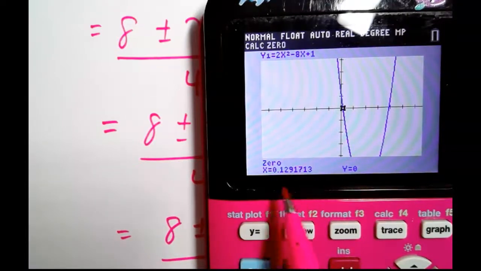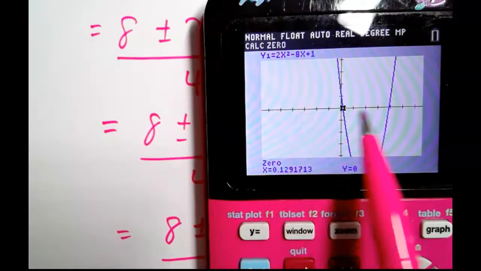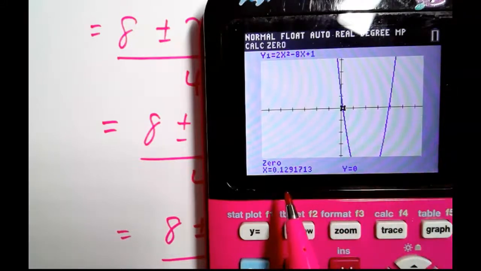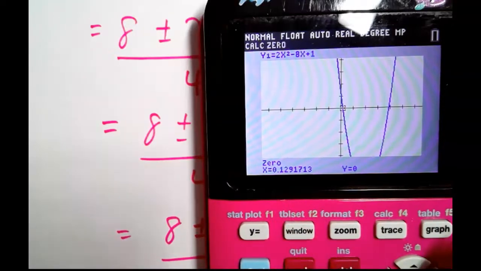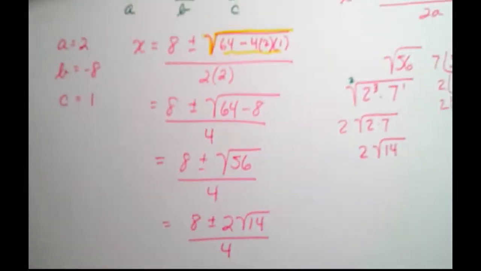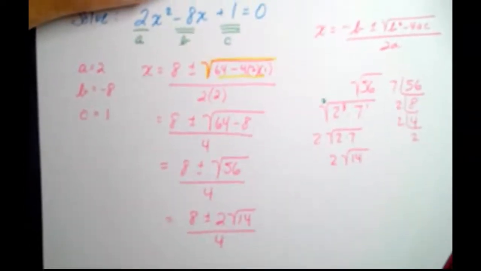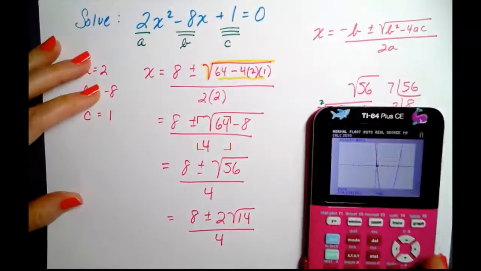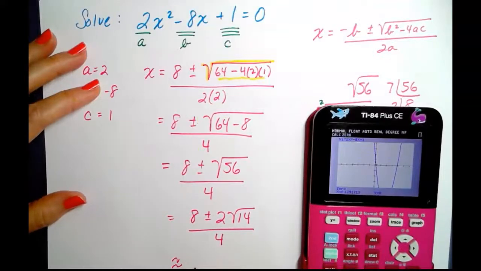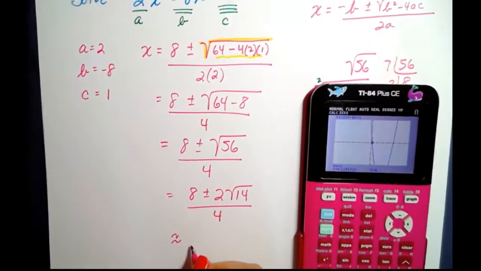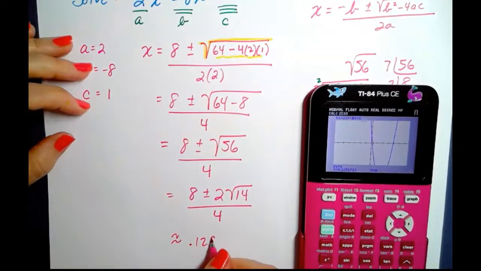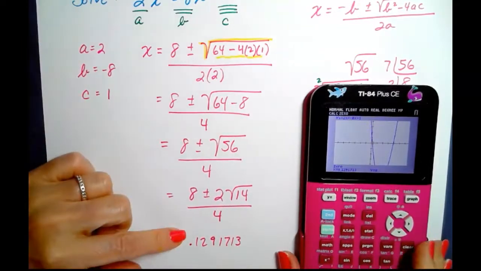And I can see that this point where it crosses the x-axis is actually at approximately 0.12911713. So let's take this crazy fraction that we've got on our paper here and see if we get something close to that.